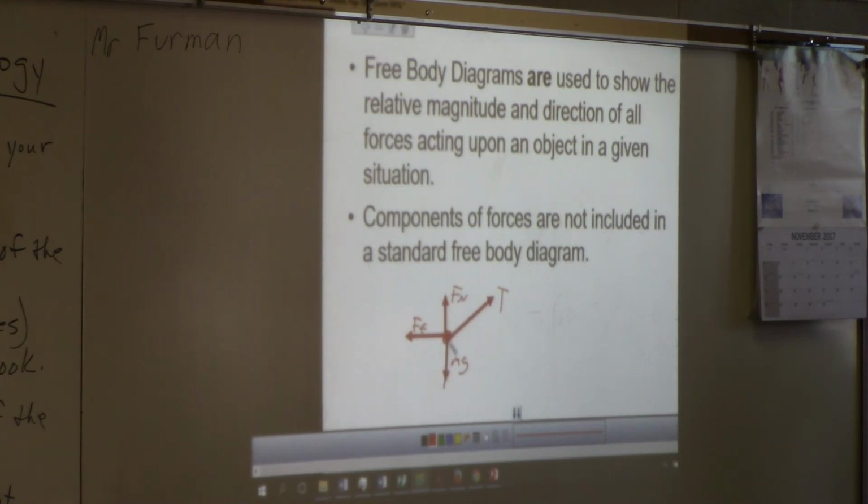Actually, it would be longer, if I'm not mistaken, because this tension has an upward force as well. Even though to solve the problem you might want to take this tension and break it into its components, how much of it is horizontal and how much of it is vertical, if you're asked to draw a free body diagram, do not break them into their components. You may need to do that to solve the problem. You can come over here, off to the side, and solve the problem.